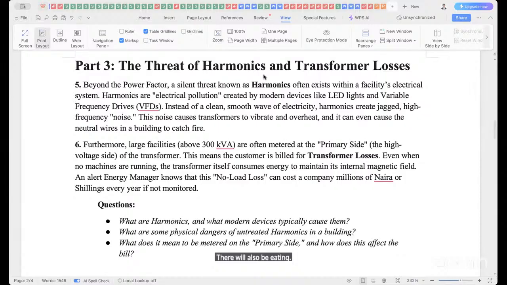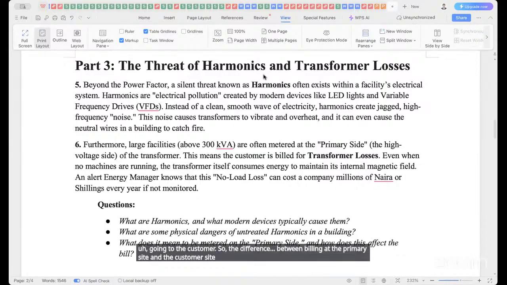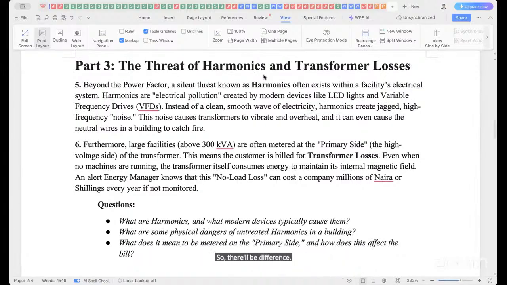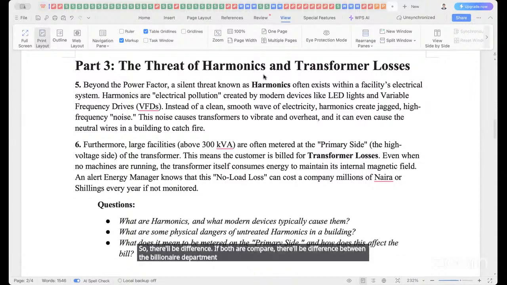All these will be losses that will not be part of the power going to the customer. So the difference between billing at the primary side and the customer side will be the losses in the transformer. If both are compared, there will be a difference between the billing at the primary side and at the secondary side due to the loss in the transformer. Thank you very much.